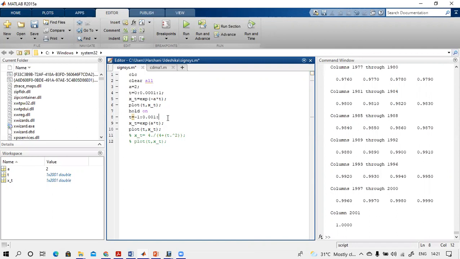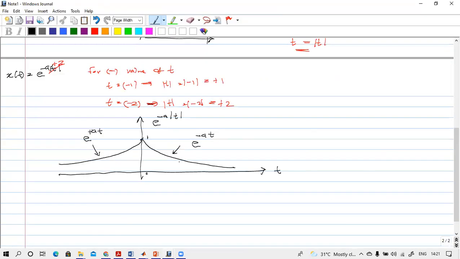That means here 0 to 1. I can't put infinity in Matlab, which is why I draw it up to 1. You can draw it up to 2, 3, any value, but I am drawing it up to 1 only.